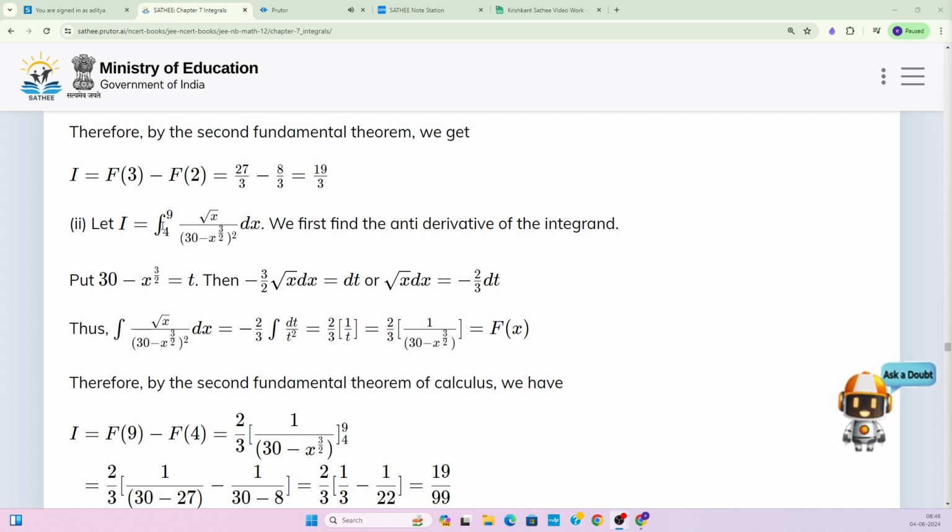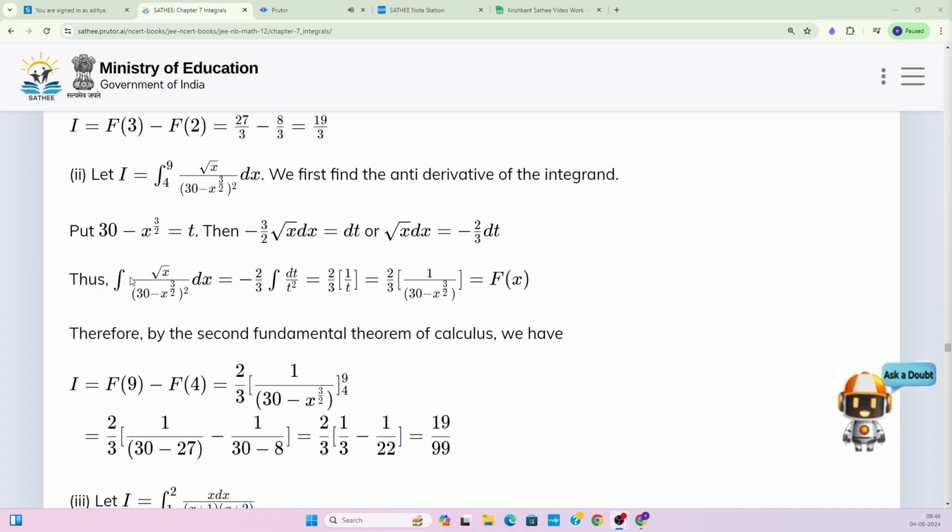As you can see, I will be taking 30 - x^(3/2) and replacing it by t. This means dt will be -3/2 root x dx. In other words, I can replace root x dx by -2/3 dt.